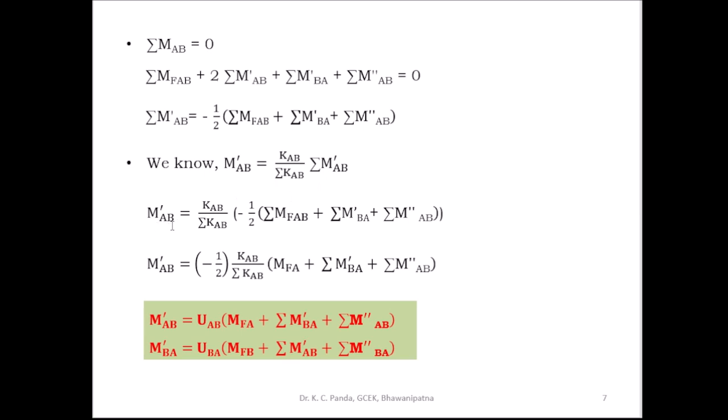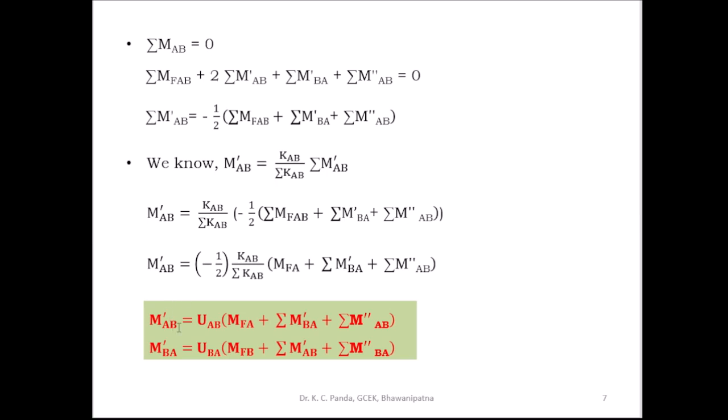So here M dash AB is equal to minus half into KB by summation of KB into the summation of MFAB, that is the fixed end moment at joint A, MFA, plus summation of M dash BA plus summation of M double dash AB. By using this formula, you can find out the rotation moment.